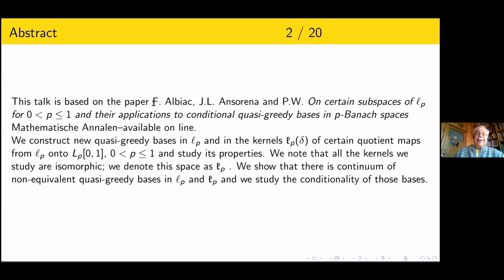So let me start with the definitions, which will go throughout the whole talk. The Schauder basis, everybody knows what it is. But we usually assume that it is normalized or almost normalized, in the sense that it will not have norm 1 all the time, but something like 2 to 1 over p or something like this. The definition in the p-Banach space is exactly the same as for the Banach space.